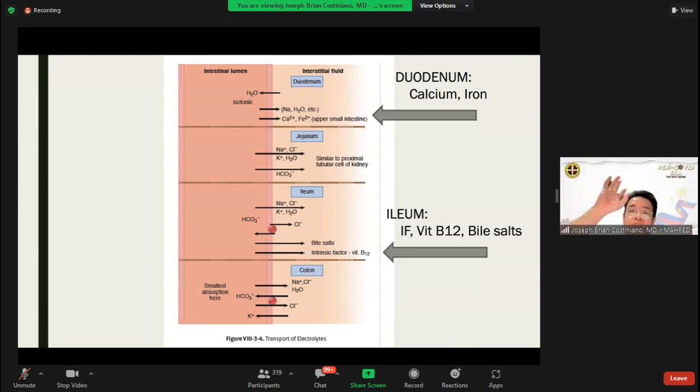Ileum is intrinsic factor, vitamin B12. So, ito yung mga pinaka-common na question eh. Pag ileal resection, it could either be intrinsic factor deficiency or vitamin B12 deficiency or bile acid reabsorption failure causing watery diarrhea. Okay? Meanwhile, sa colon naman, colon is just really primarily water reabsorption. Nutrients dito sa DJI natin, duodenum, jejunum, and your ileum.